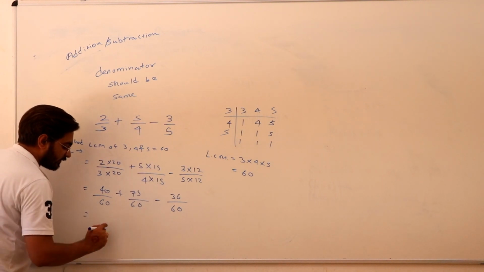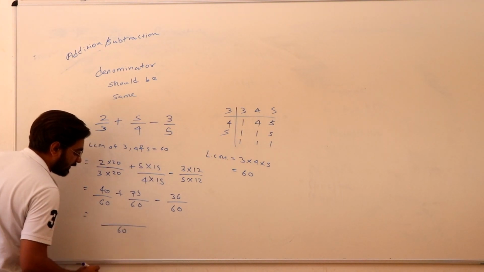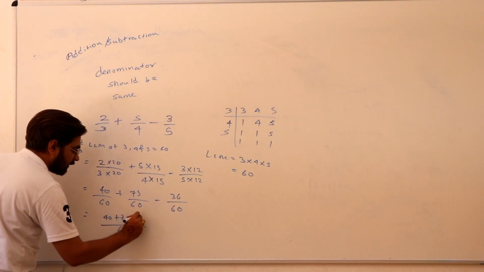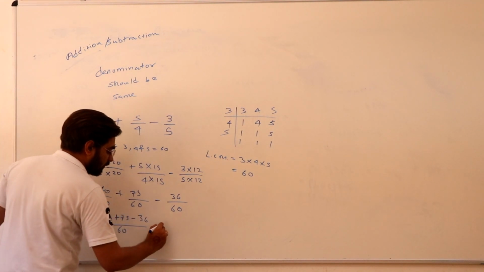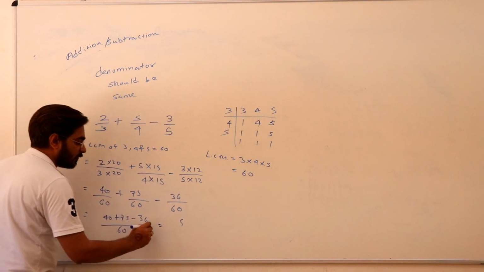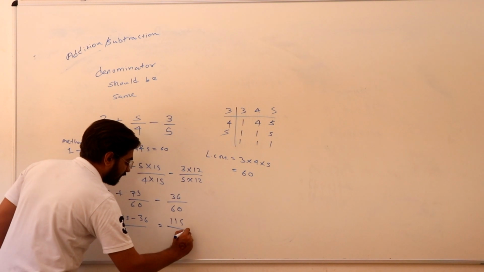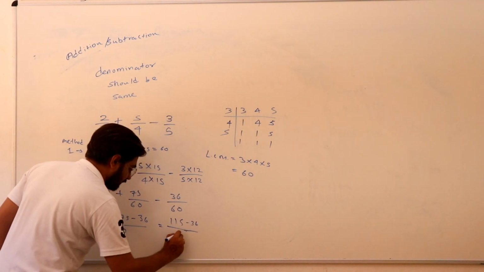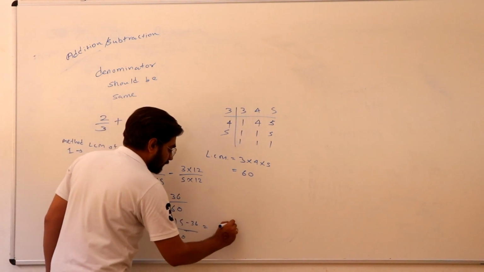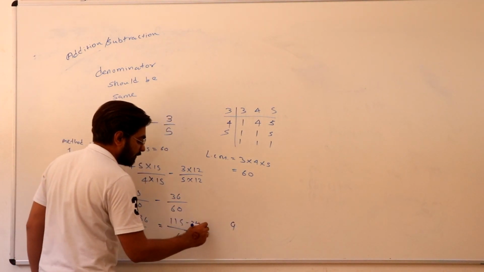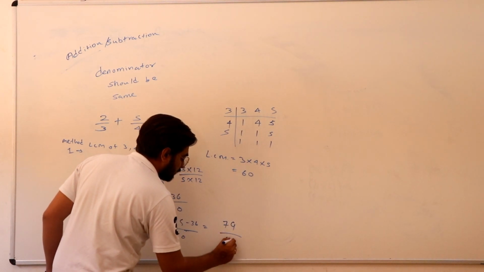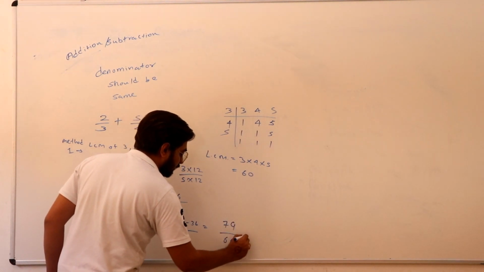Now the denominators are the same, so I can take one common denominator: 40 plus 75 minus 36. 40 plus 75 gives you 115, minus 36 divided by 60. This gives you 79 upon 60. This is your answer.